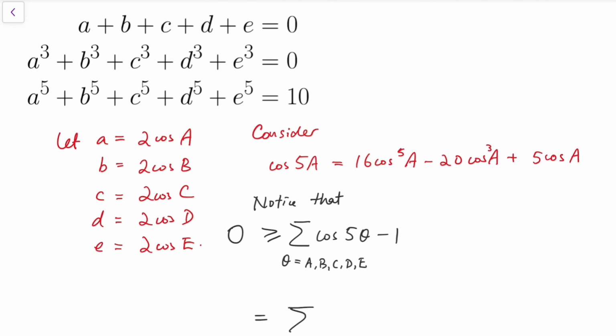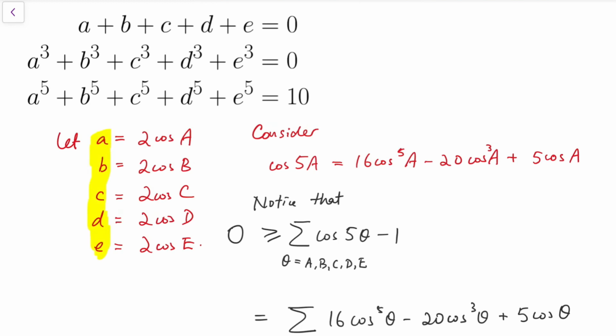But for this sum, we're actually adding 16 times cos theta all to the power 5 minus 20 cos theta all to the power 3 plus 5 cos theta. And we know that these are actually just powers of the unknowns we have in our equations.